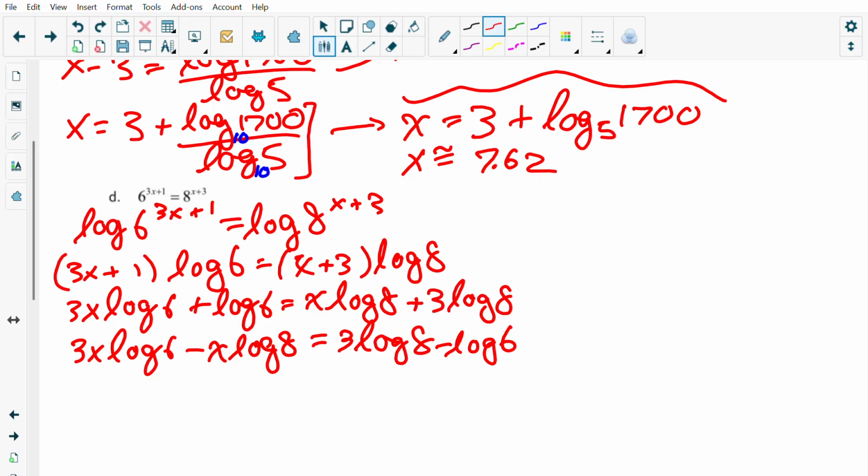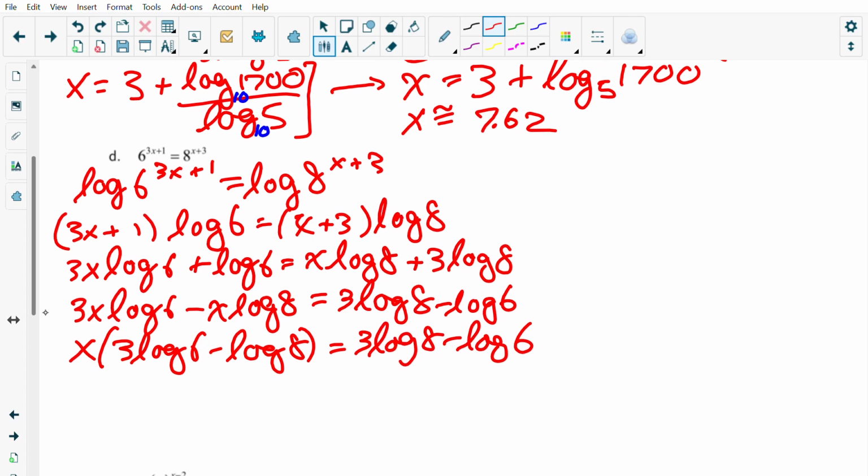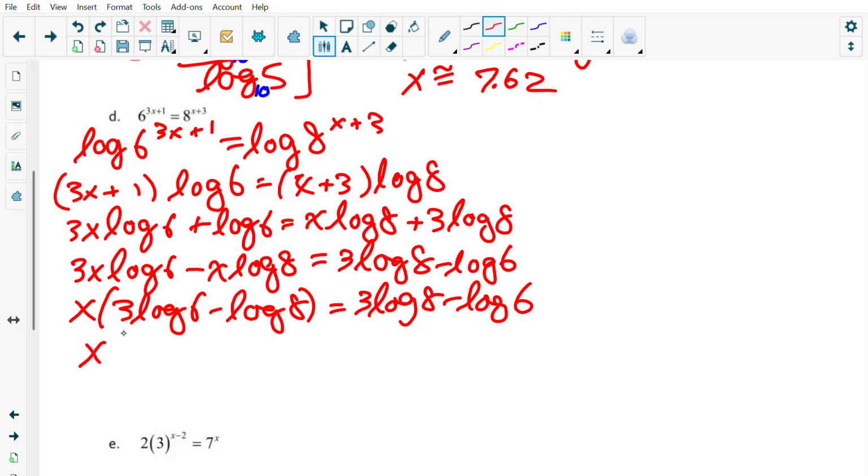I'm rearranging the x terms on the left side and the non-variable terms on the other. I'm going to factor out an x. So that's x times (3 log of 6 minus log of 8) equals 3 log of 8 minus log of 6.